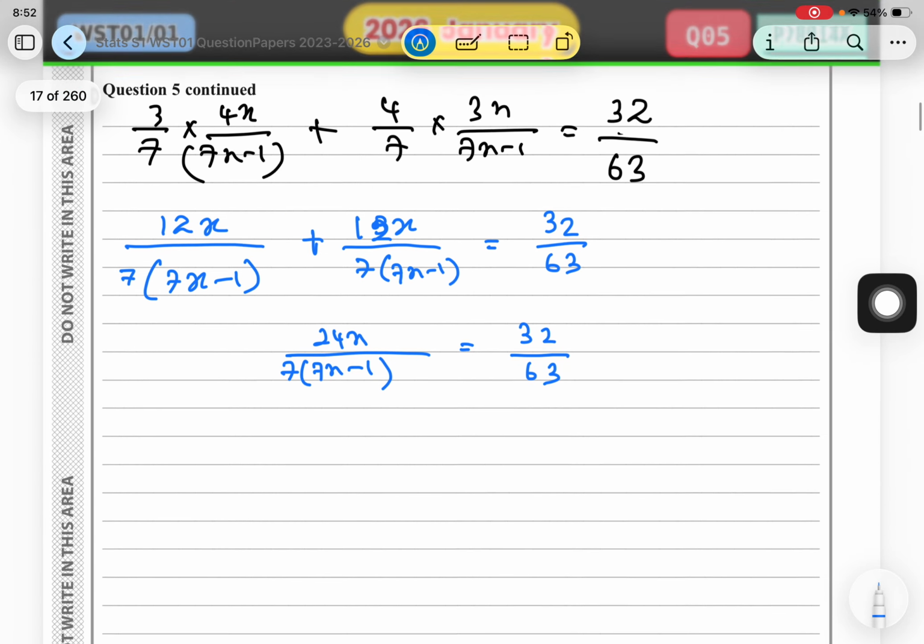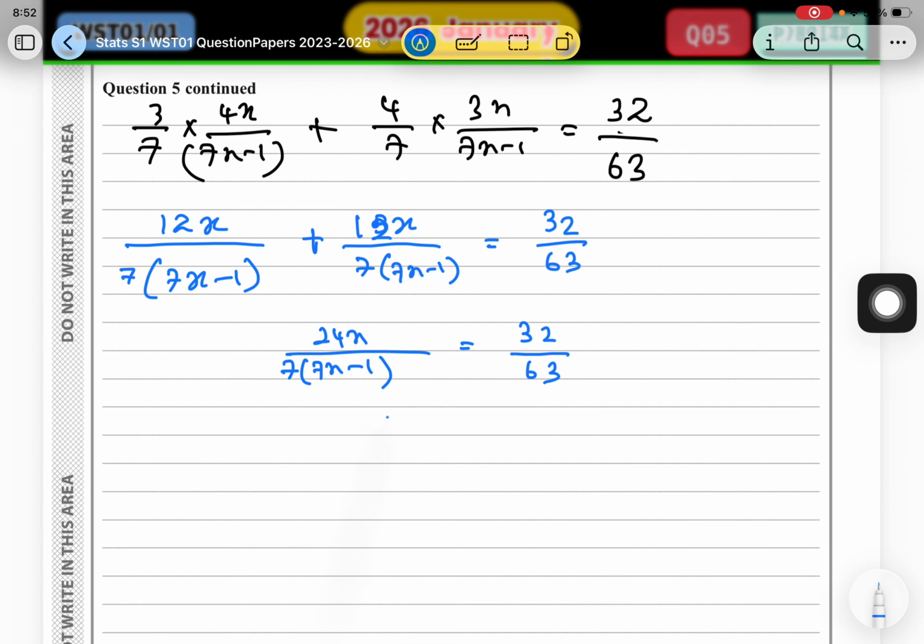Now we can do the cross multiplication. We get that one to this side and the other one. So 32 times 7 and 7x minus 1, which is 224 times 7x minus 1.